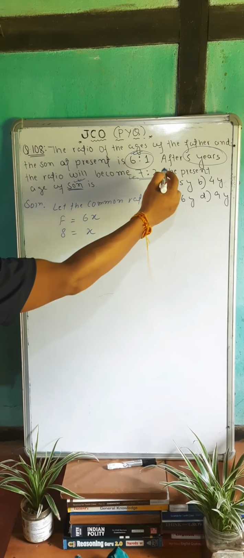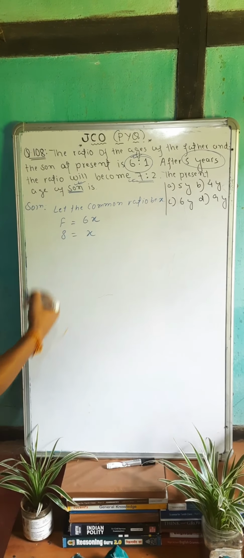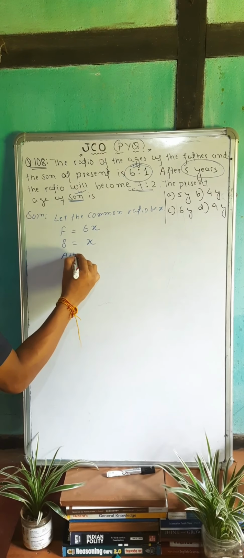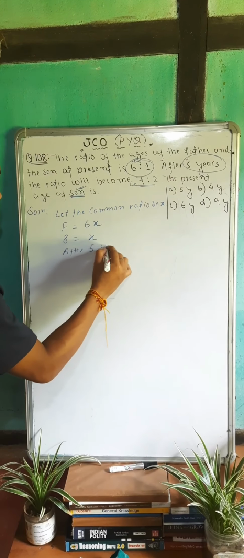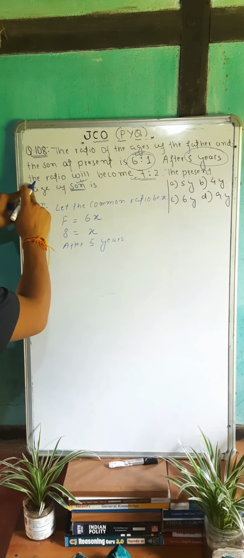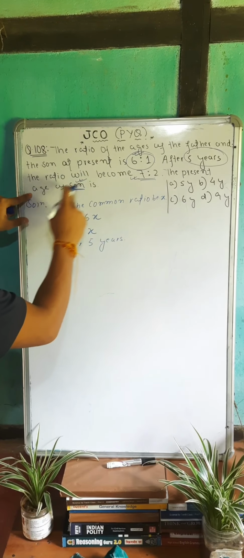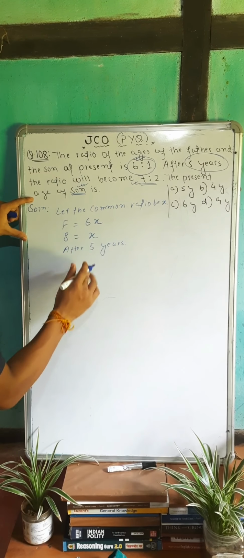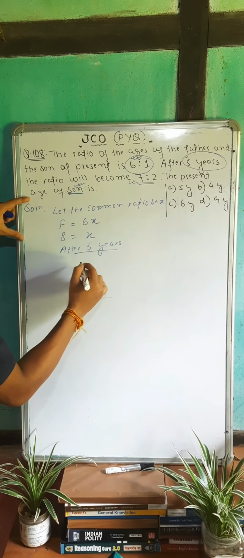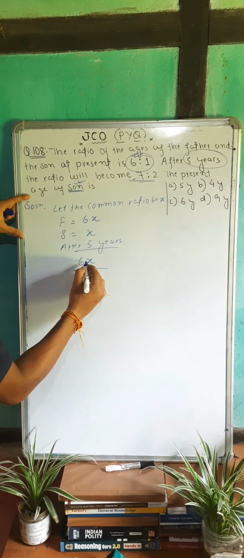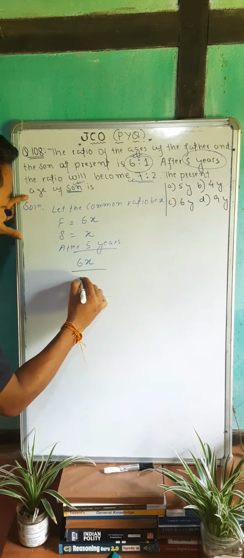Now after 5 years, what will be their ages, father and son's age? After 5 years, the ratio of father and son will become 7:2. So we can write the ratio of father and son after 5 years: 6x, this is the father's age, and son's age is x.